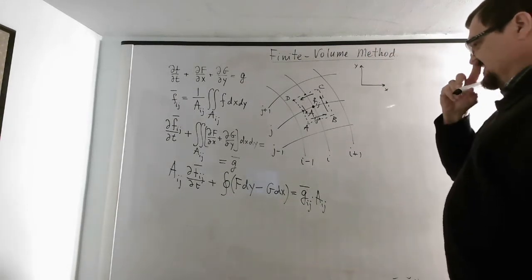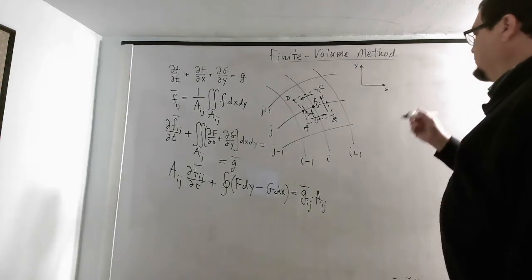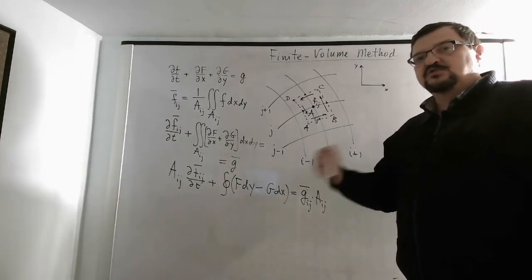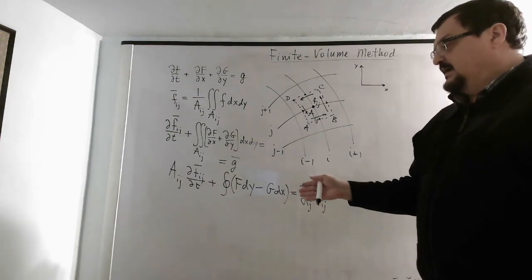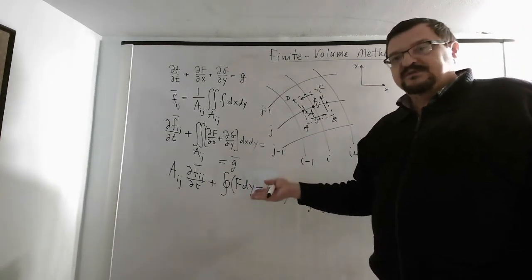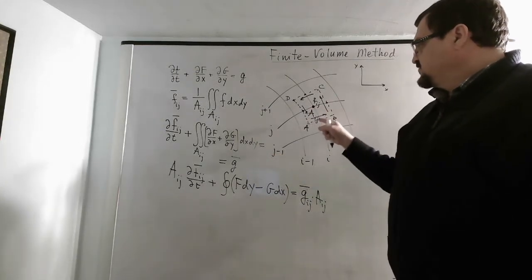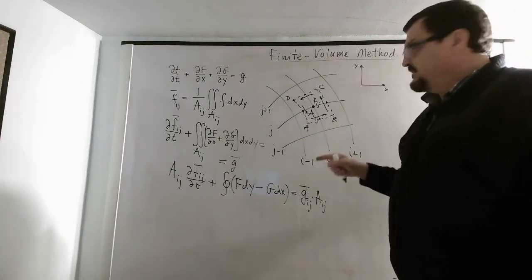So how do we define the f's? That's basically the whole difference between various implementations of this method. You can use first order approximation for f's. You can use second, third. In order to find this f along this edge, you can use some neighboring f's.